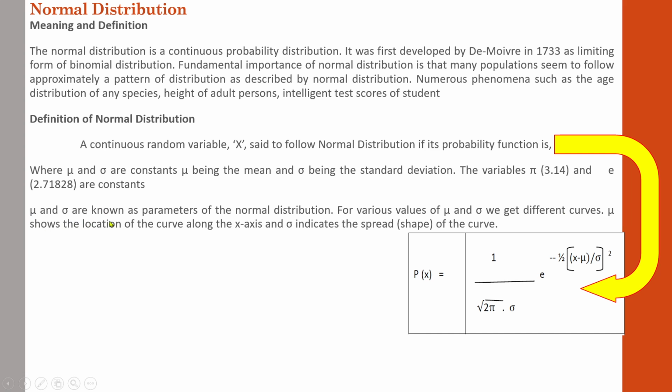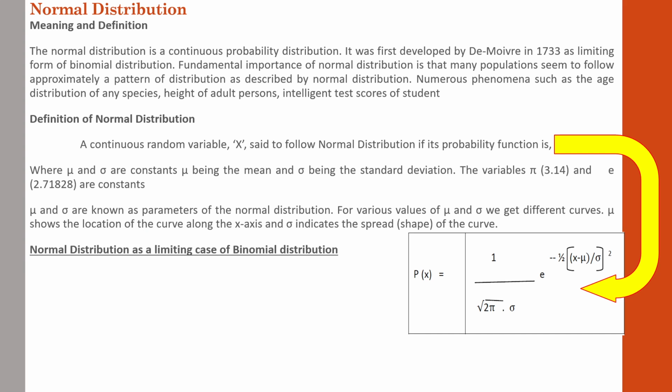Mu shows the location of the curve along the x-axis, and the standard deviation indicates the spread of the curve. During the preparation of the normal curve, we will discuss this. At that time only you will get a clear understanding about it. We will come to that part during the normal curve discussion time.